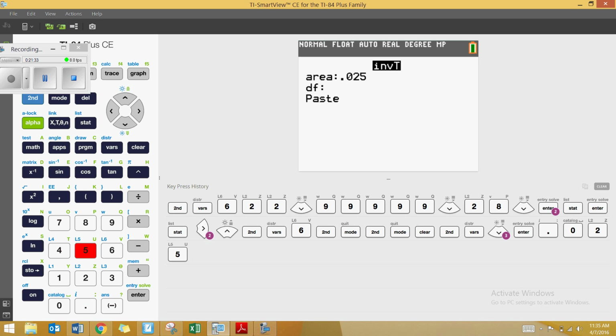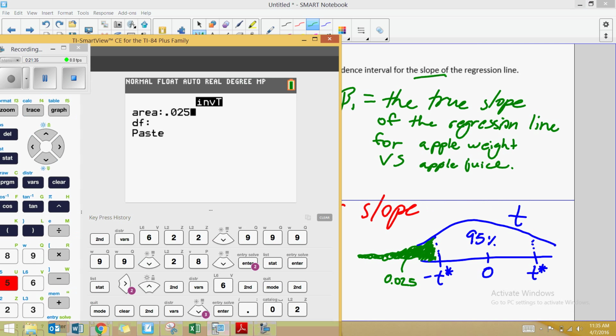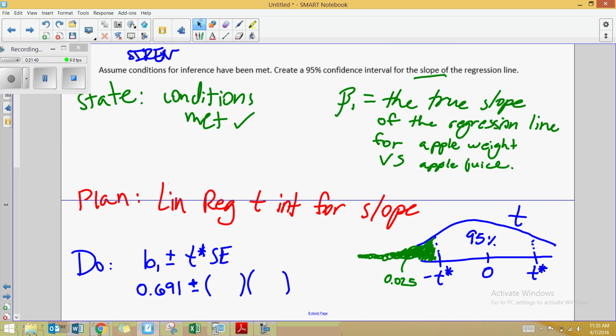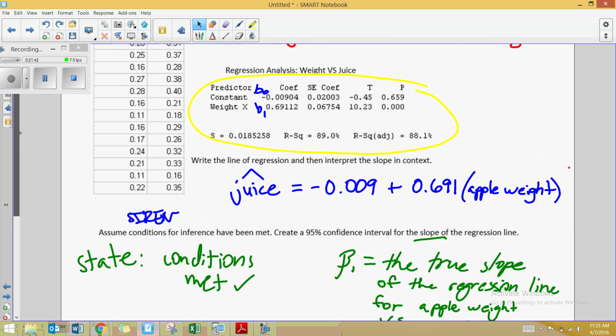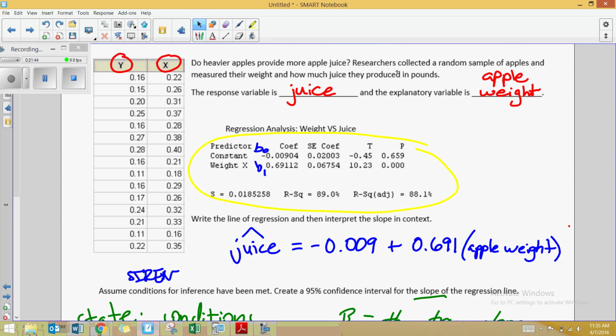All right, degrees of freedom. Degrees of freedom depends on my sample size. Do I have the sample size for this problem? Let's read back through. It doesn't look like it was stated, but I have the raw data. So if we count up how many apples they have here in our X list, we see that there are 15 apples that they measured and recorded.